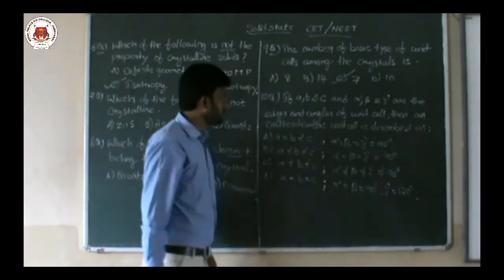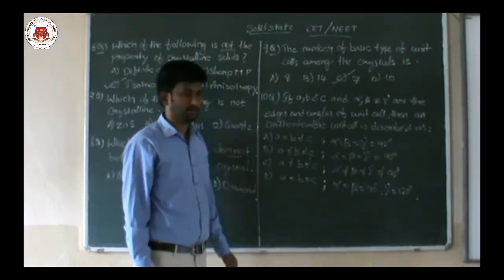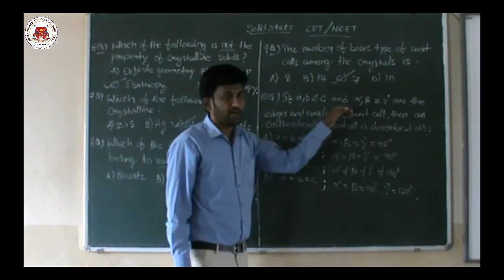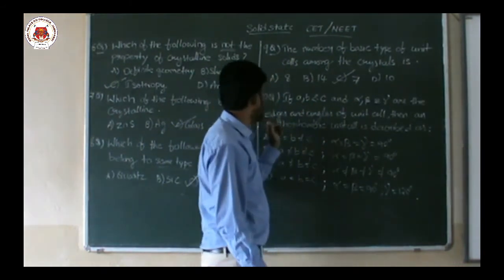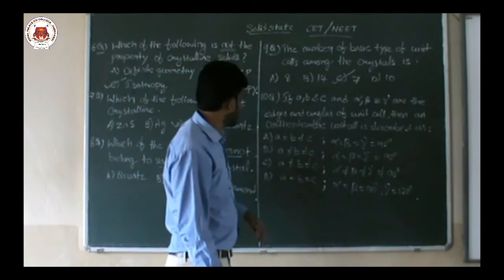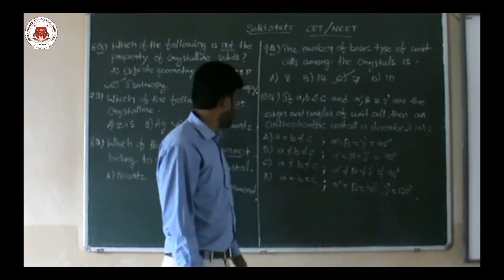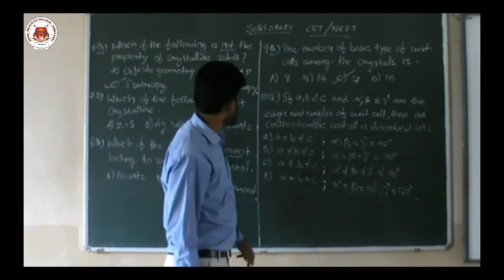Coming to the 10th one. If a, b and c and alpha, beta, gamma are the adjacent edges and angles of the unit cell, then the orthorhombic unit cell is described as, orthorhombic unit cell dimensions we want.